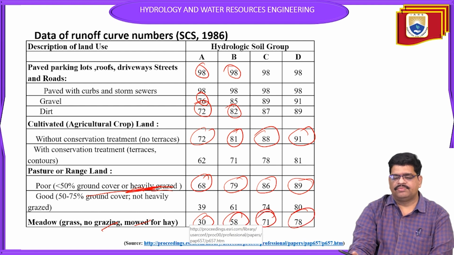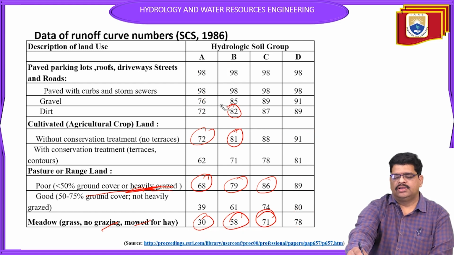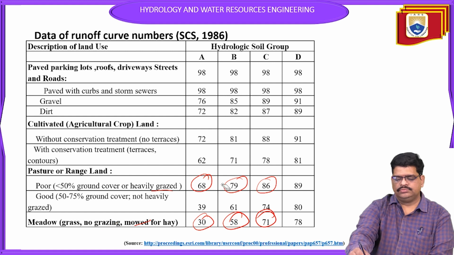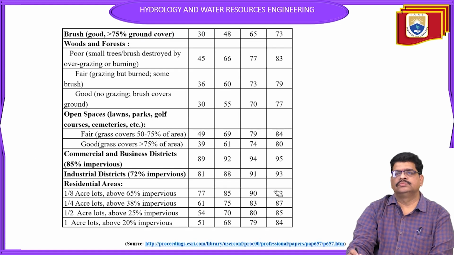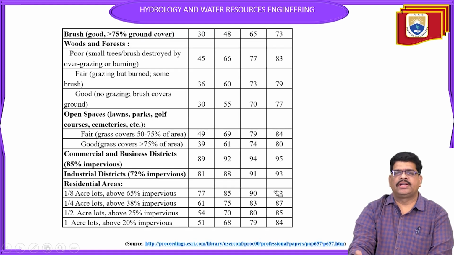These are the types of soil, some of them. So these are also different types of soils given. After the research, they are giving the data for easy calculation of curve numbers of the different types of soils.